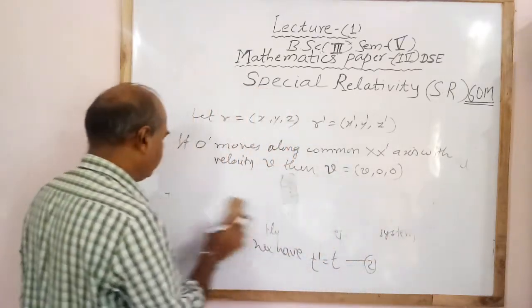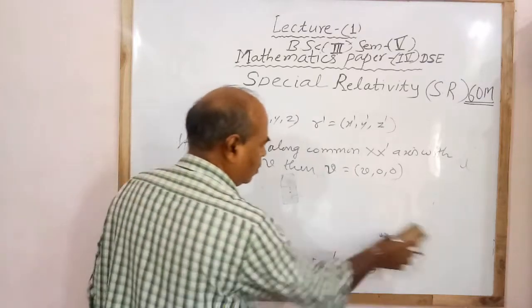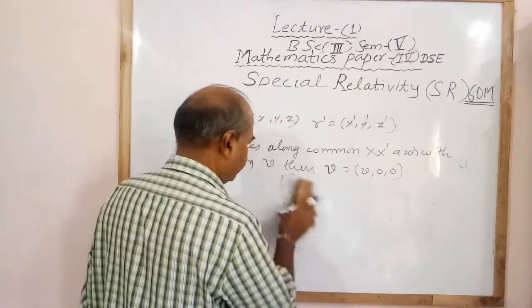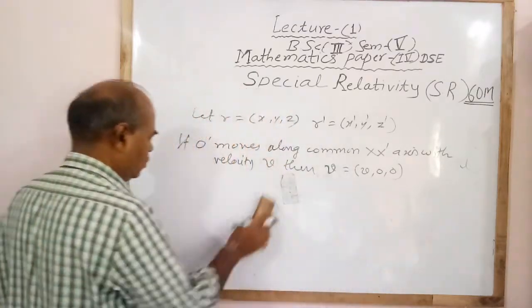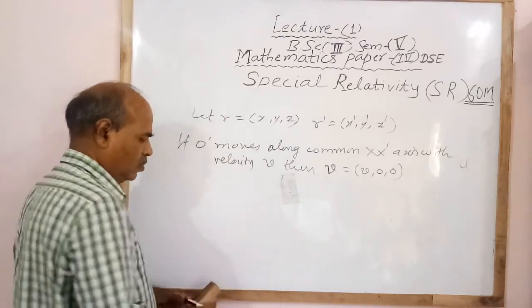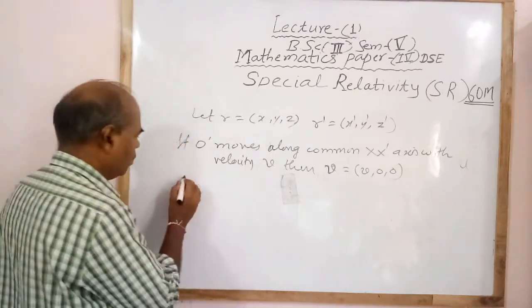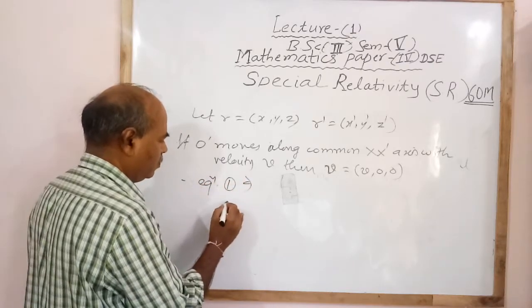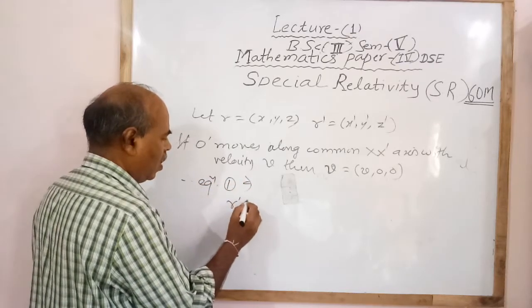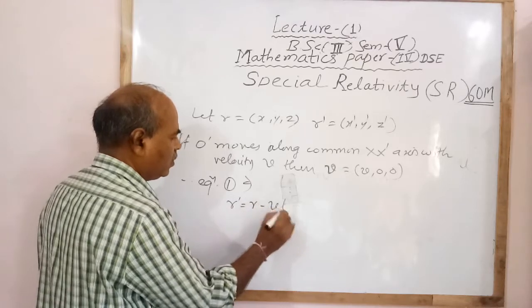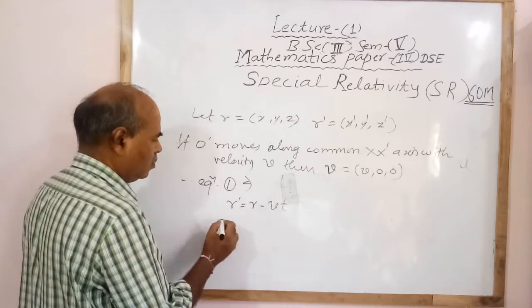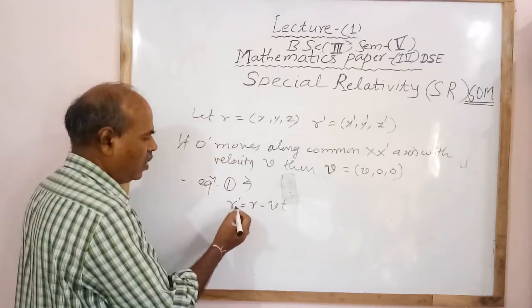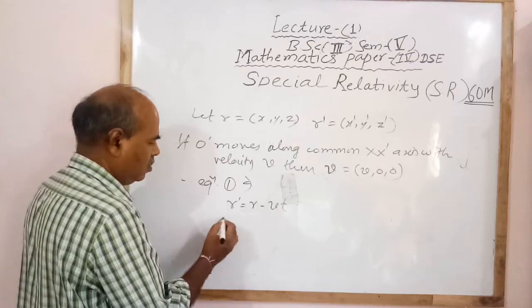Now we put the value of this v in the transformation 1. Therefore, the transformation 1 becomes r dash equal to r minus vt. Now we put the values of r dash, r and v.